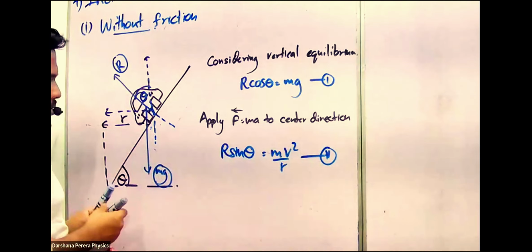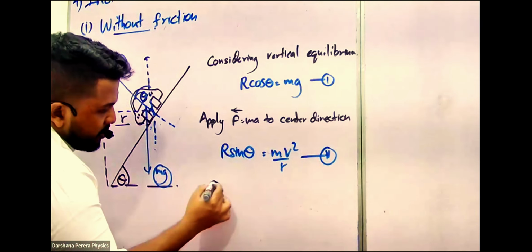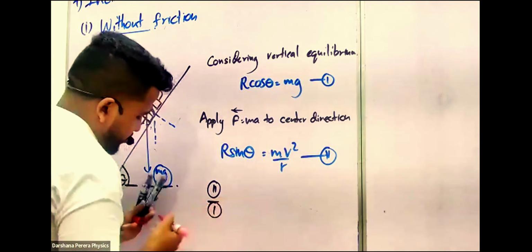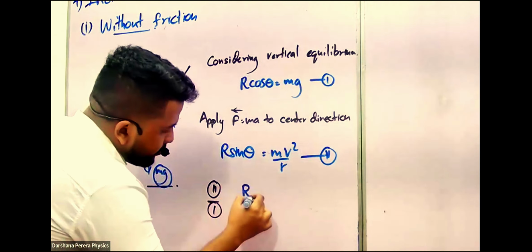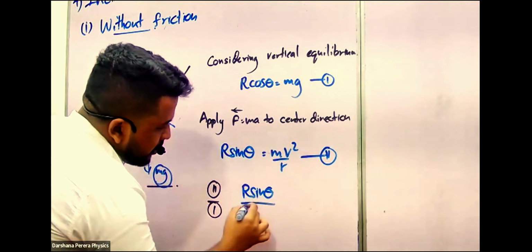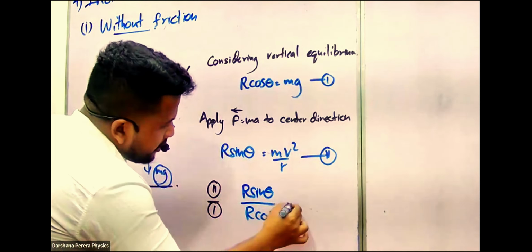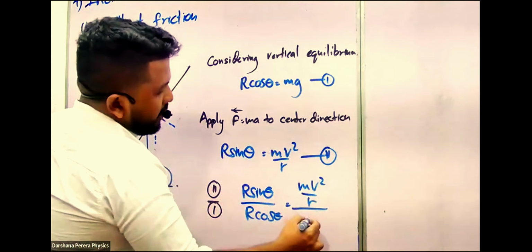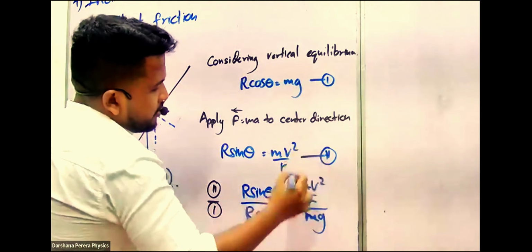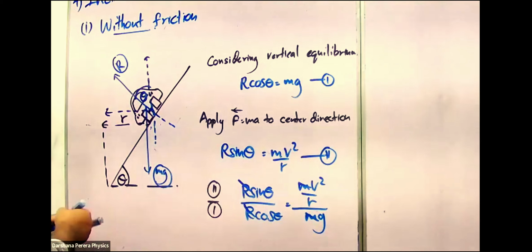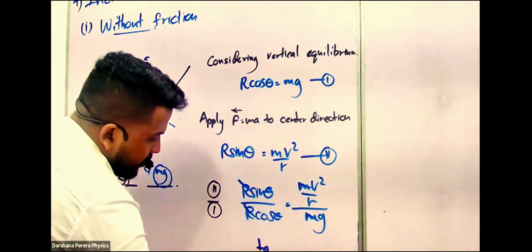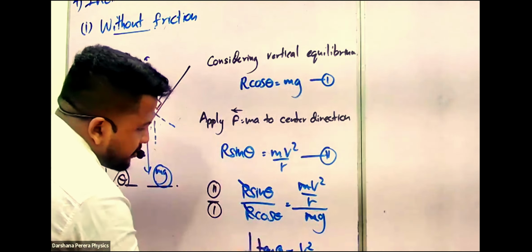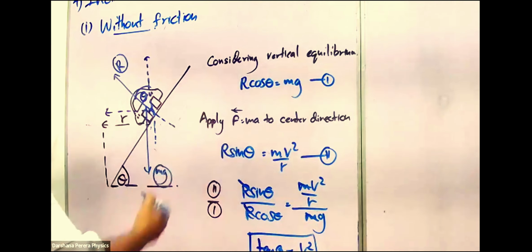We divide the second one by the first one, right? Therefore, R sin theta over R cos theta equals m v square over r mg. Right. The answer is tan theta equals v square over gr. This is the equation.